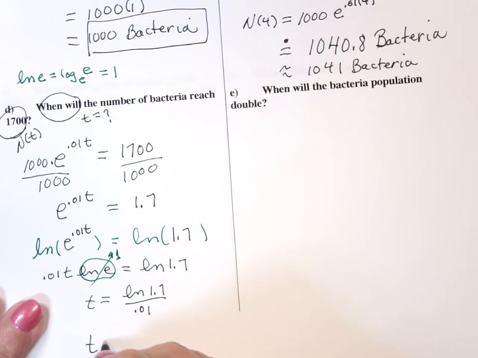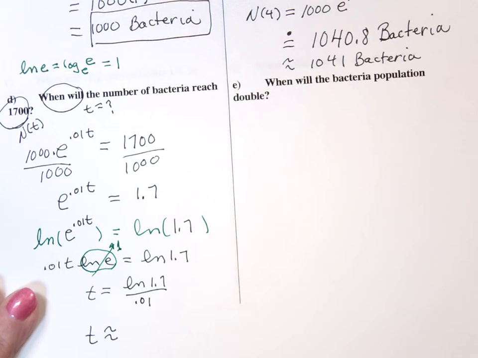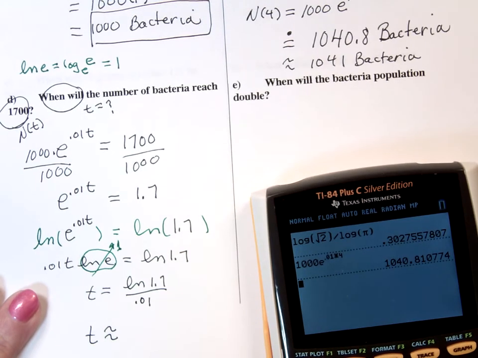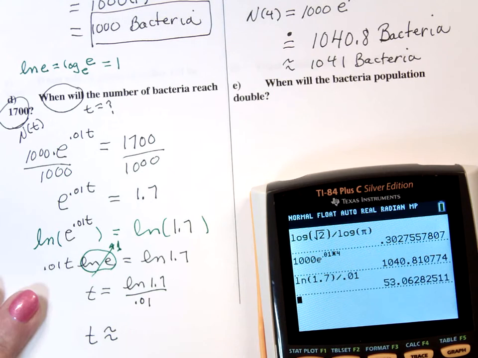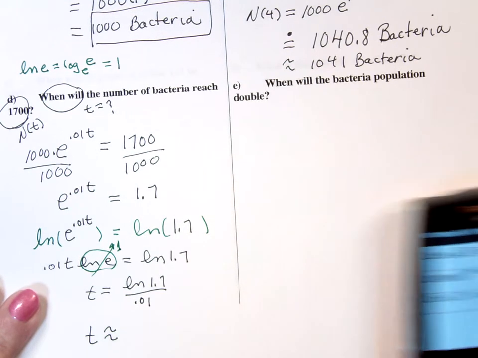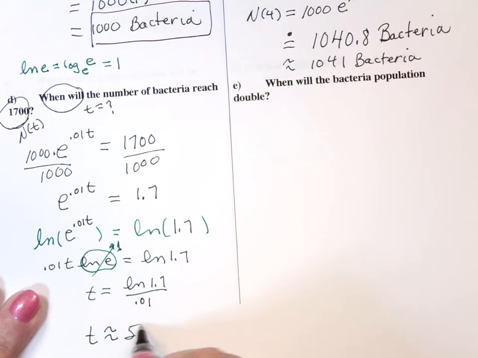So t is approximately, and now again I bring in my handy dandy little calculator, natural log of 1.7 divided by 0.01. That's 53.06. What are the units?